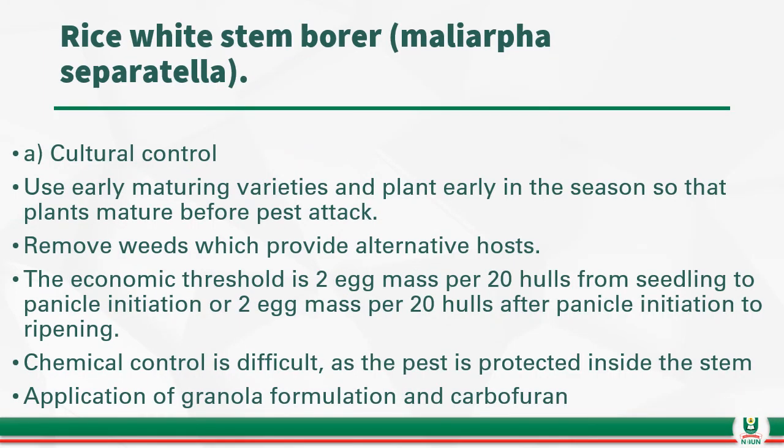You can control it culturally by using early maturing varieties, and you also plant early in the season so that the plant will have matured before the pest attacks. You also remove weeds and alternative hosts from around the rice field, and once you have an economic threshold of 2 eggs per mass of 20 hills, then you go ahead and control them.